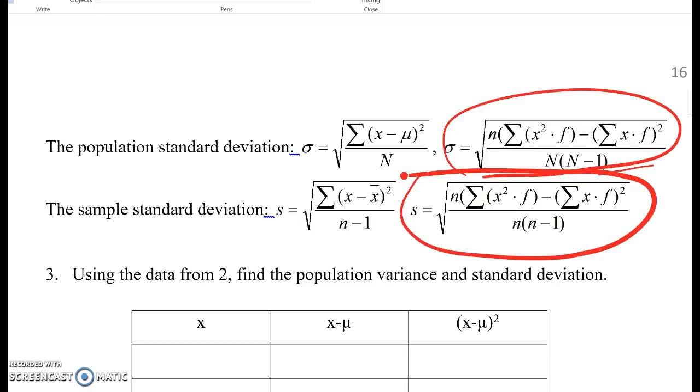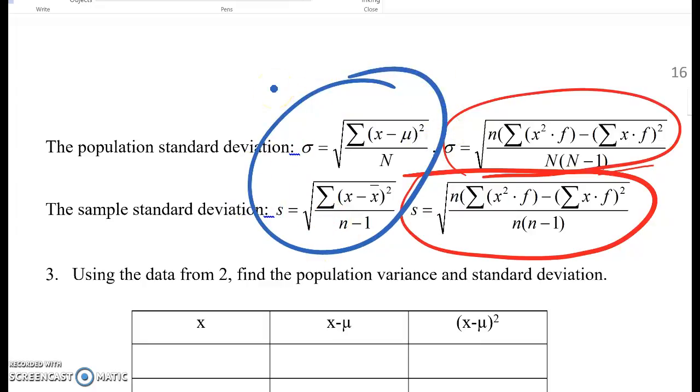Now, why do we have to learn both formulas? Because we have this formula already, but now there's one more formula introduced. Of course, for all this data set, we can utilize the earlier formula as well.